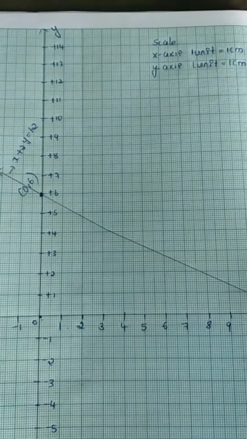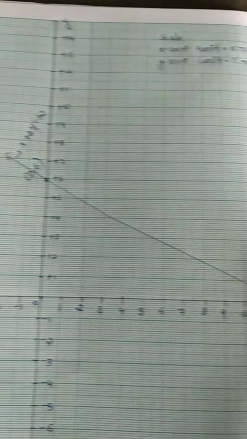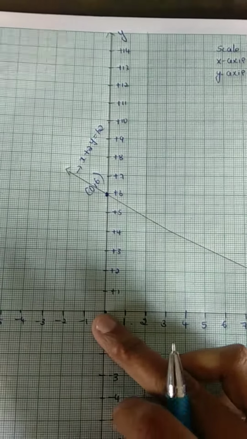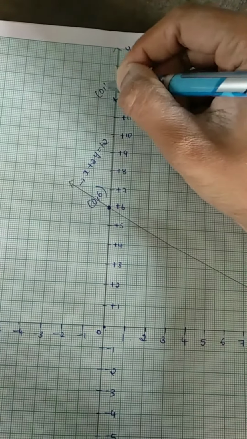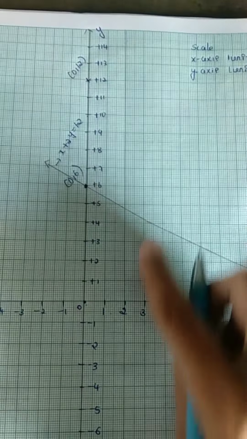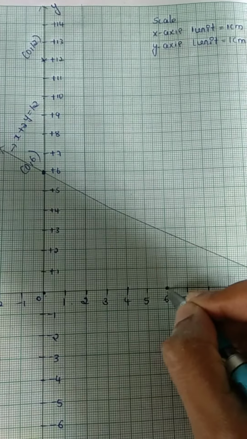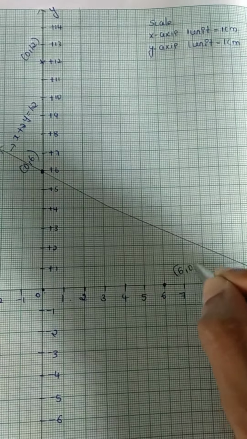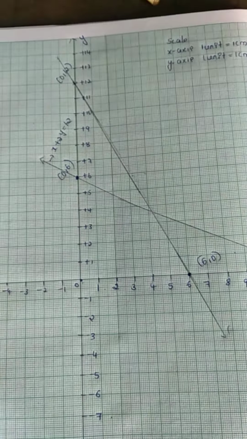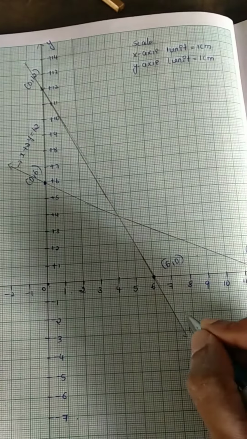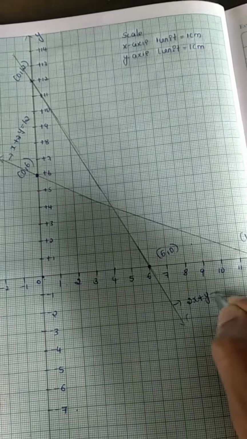For the second equation, the coordinate points are 0, 12 and 6, 0. Here 0, 12 and 6, 0 here. Now join the points using a scale and write the equation of the line, 2x plus y equal to 12.